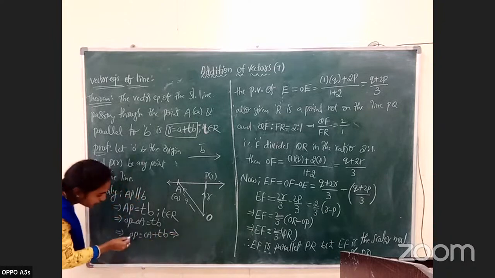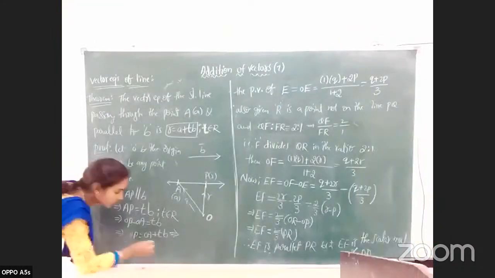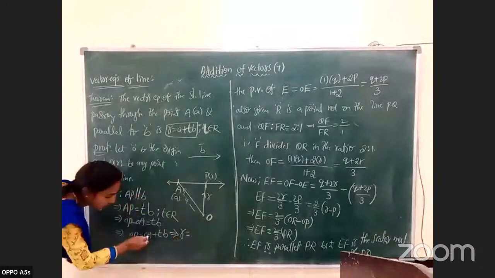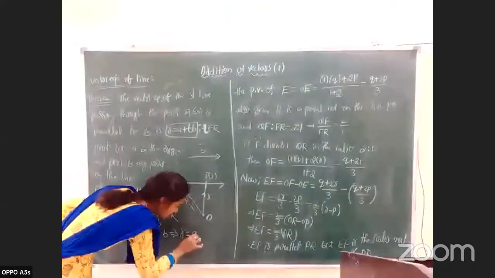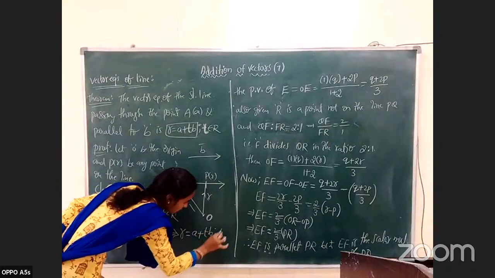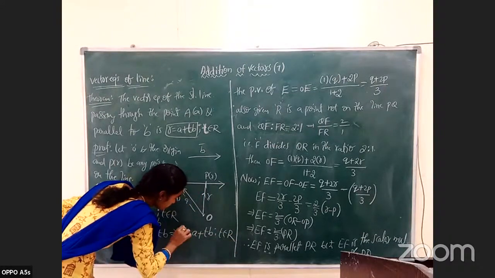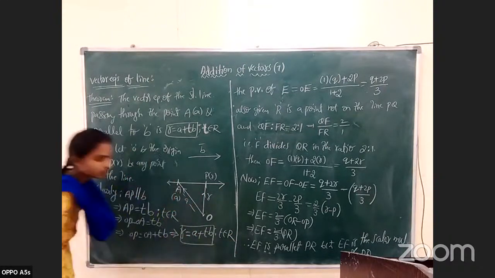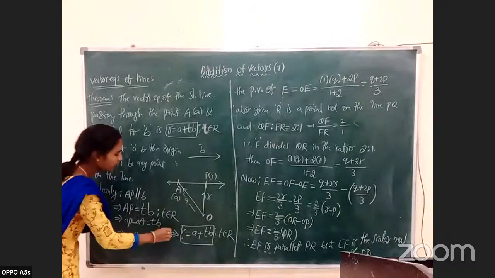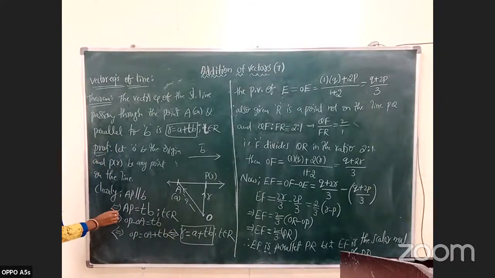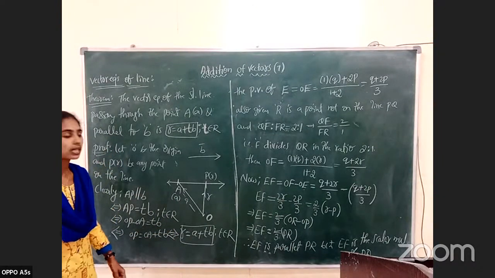OP is the position vector of P, which is R, and OA is the position vector of A, which is A, so R equals A plus TB, T belongs to R. This is an if and only if condition.